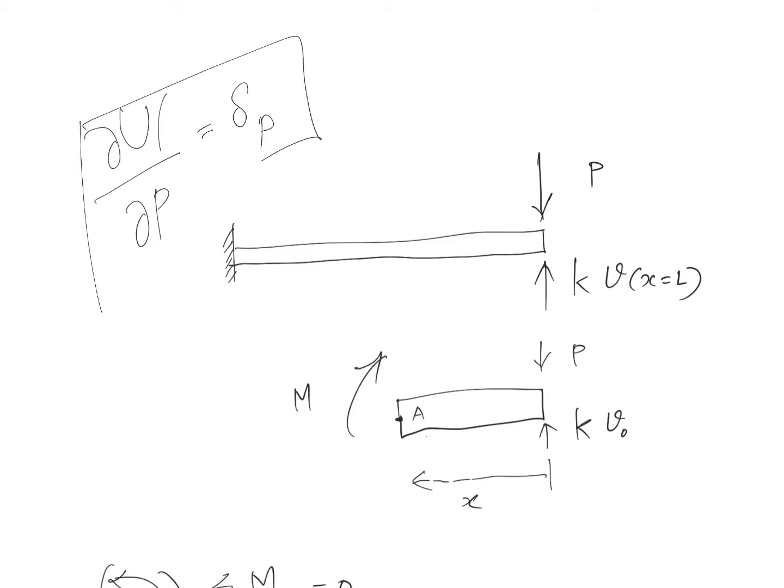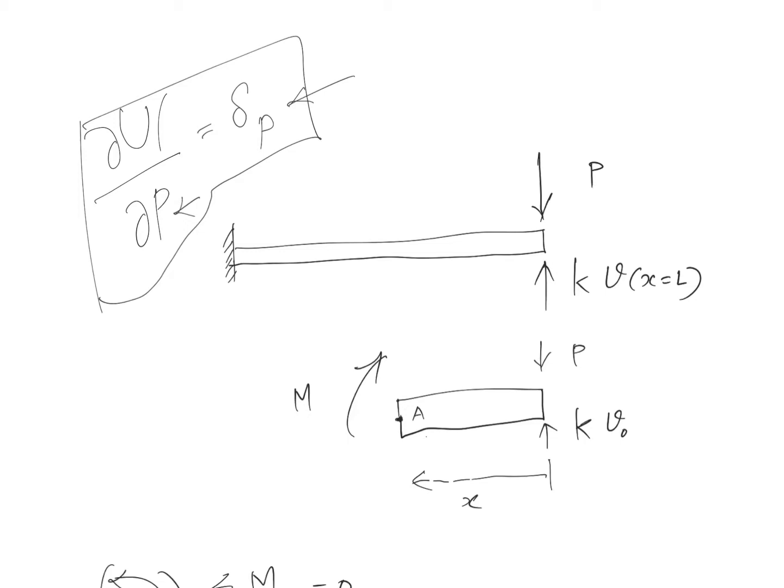This is called the generalized force, and this is called the generalized displacement, and there are a lot of other things. So the first step is to write an expression for the total strain energy, then take the partial derivative of strain energy with respect to the external force, and that will give you the displacement at that point along the direction of the externally applied load.